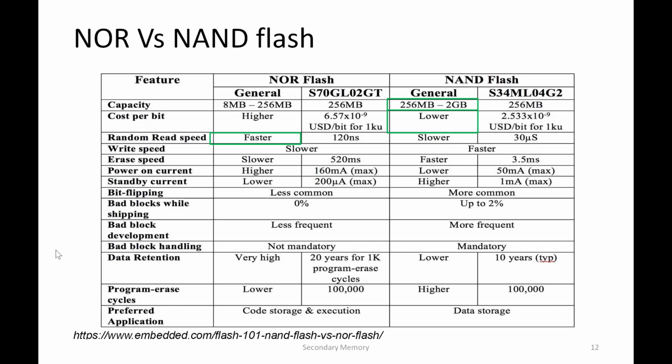The read speed of NOR is better than NAND, but the write and erase speeds of NAND flash are much better than NOR flash. Power wise, there is a certain trade-off, but if you look at the last column, the preferred application, NAND flash is preferred for data storage because of its lower cost and higher density or higher capacity, and NOR flash is typically used for code execution and storage.